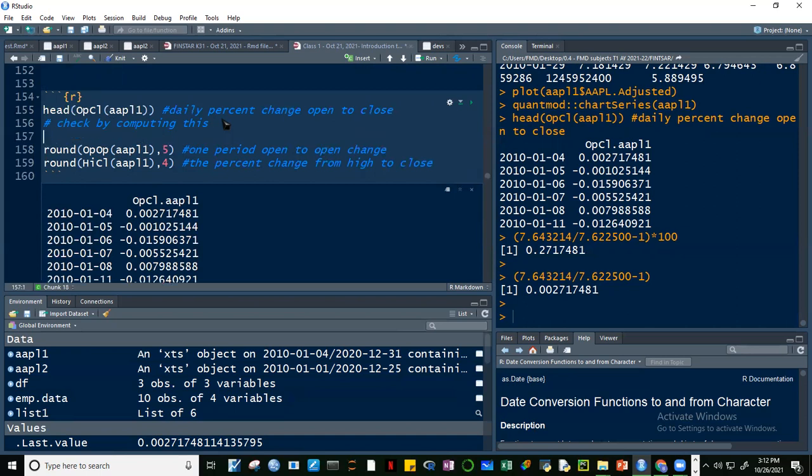Let's go to head and Op and AAPL1. Okay, so I'm asking R to please give us the percentage change of the opening of the current date as compared to the previous date.